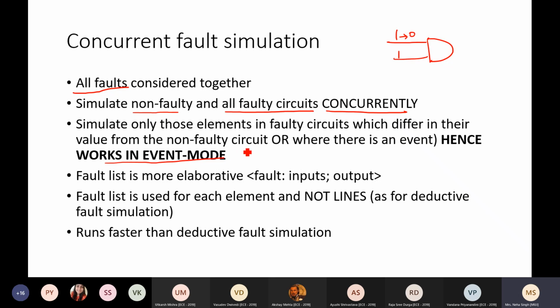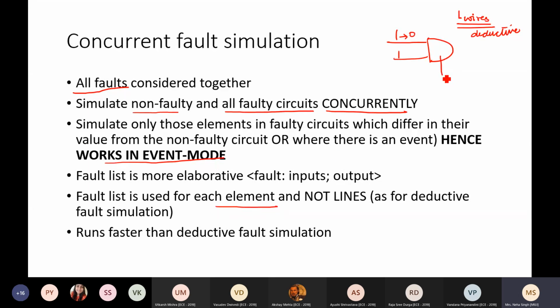to consider. But what are the differences between concurrent and the previous fault simulation, that is deductive fault simulation? Deductive fault simulation में हमने list of faults at wires calculate किया था. ठीक है? We were talking of individual wires for deductive fault simulation. Now for concurrent fault simulation, we will consider each element.